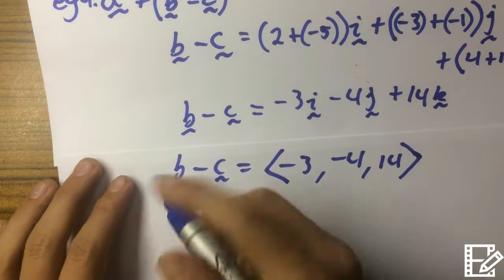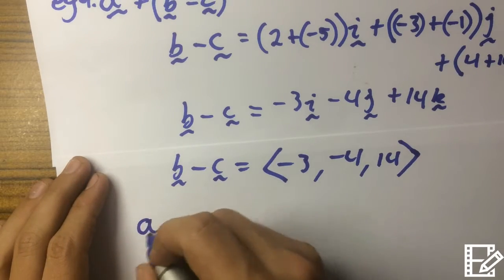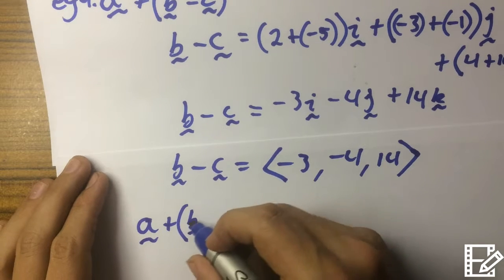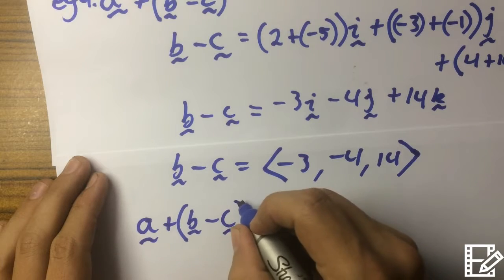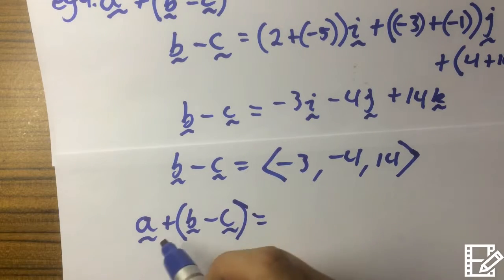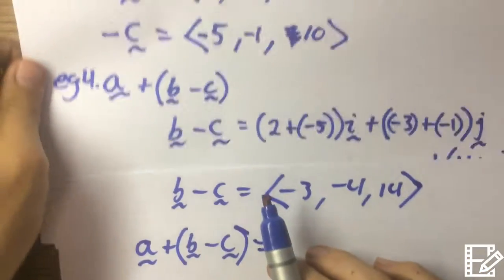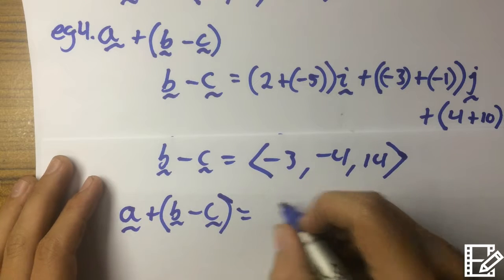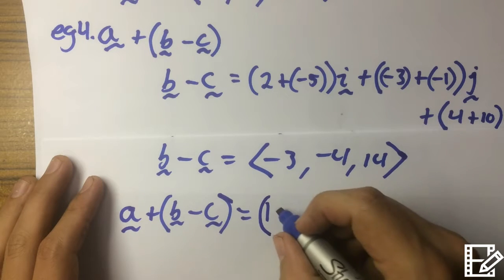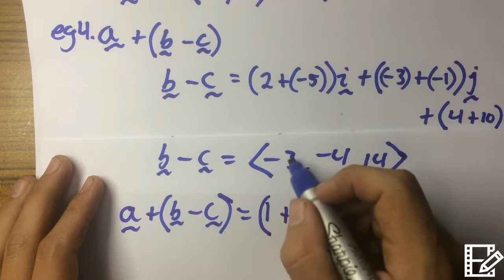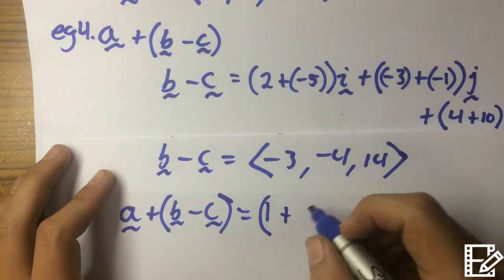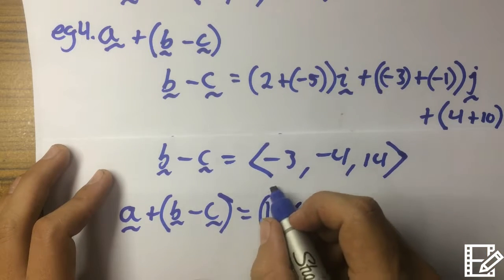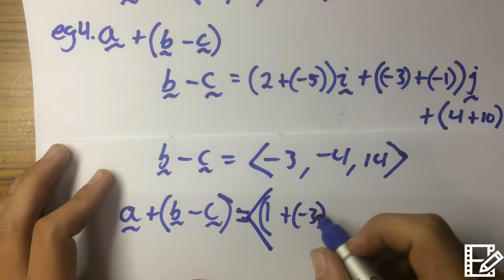Now, we're going to do a, and we add that to this vector, which is the b minus c vector. So we group the i value for a, which is 1. So we have 1. And then we add that to what we got for the i value for this, which was negative 3. I'm actually going to do it in this form, just to show you another way of doing it.